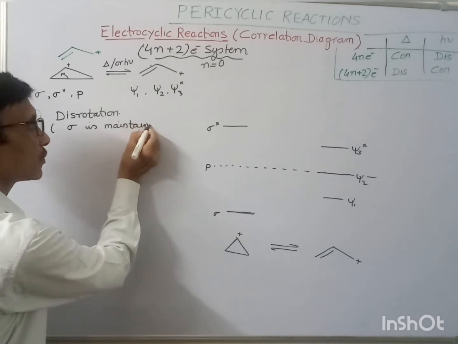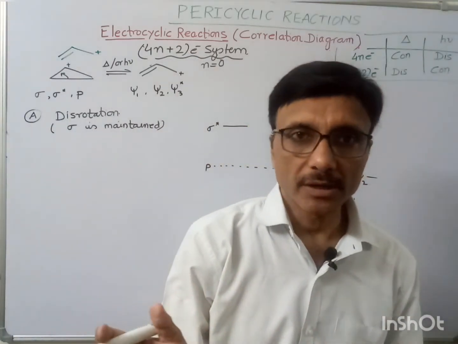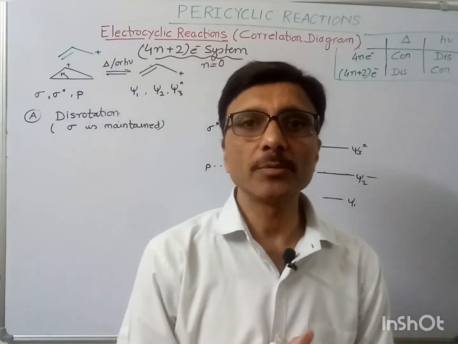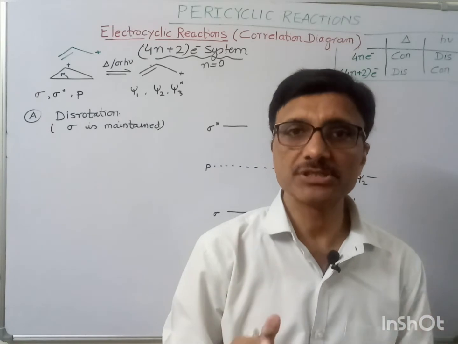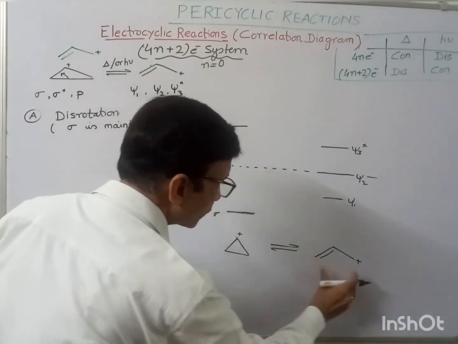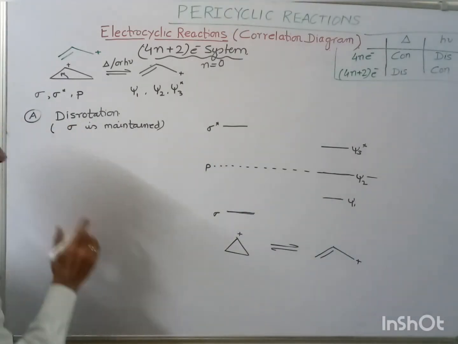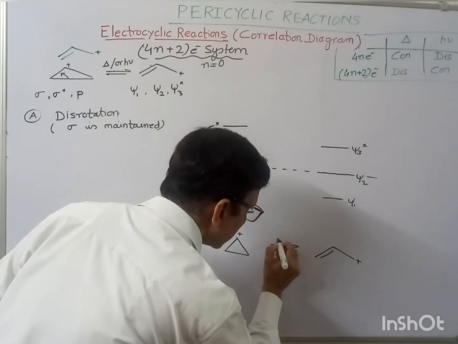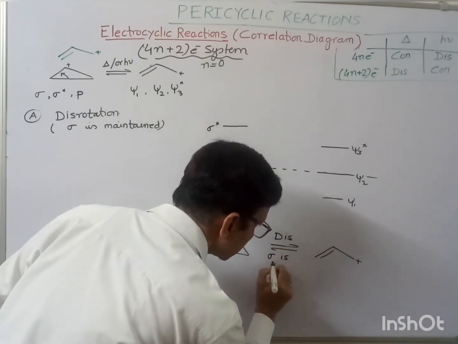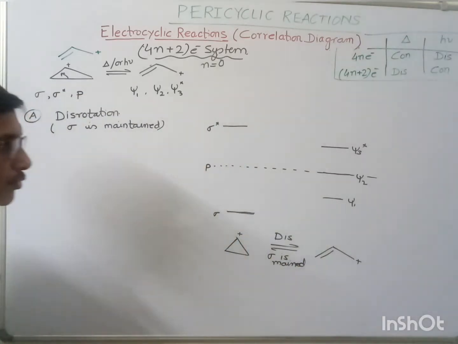One of the features of a pericyclic reaction is that the reactant orbital and the product orbital should have the same symmetry. So what is maintained during disrotation? Sigma is maintained in reactant as well as in product.